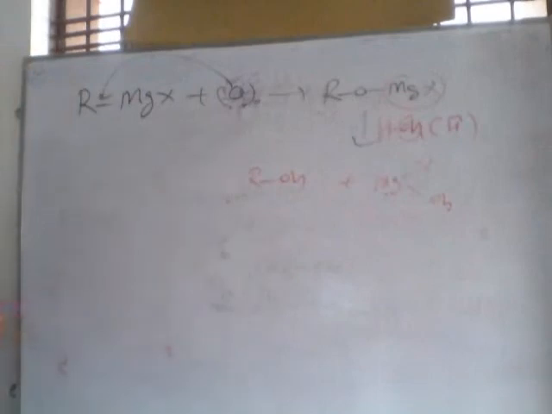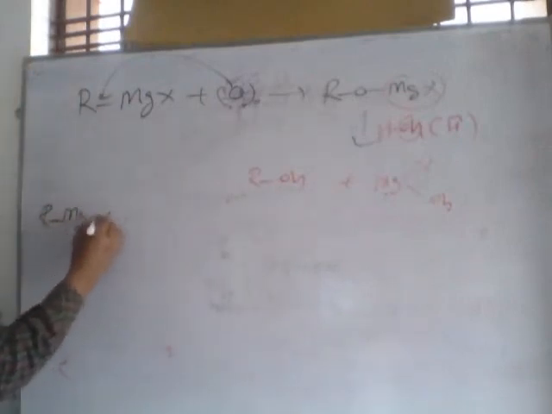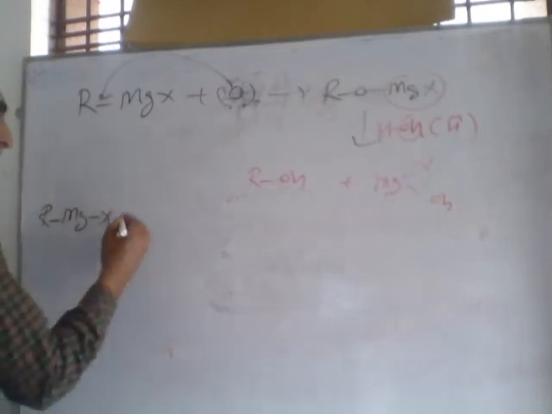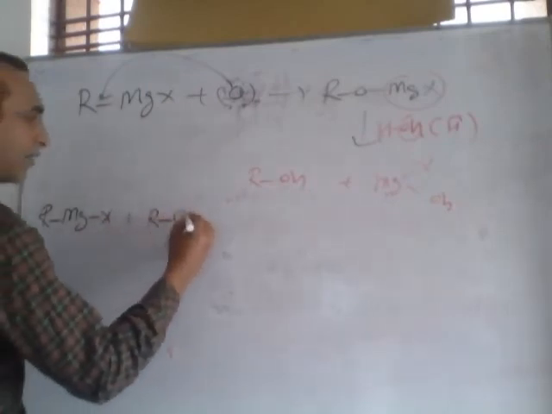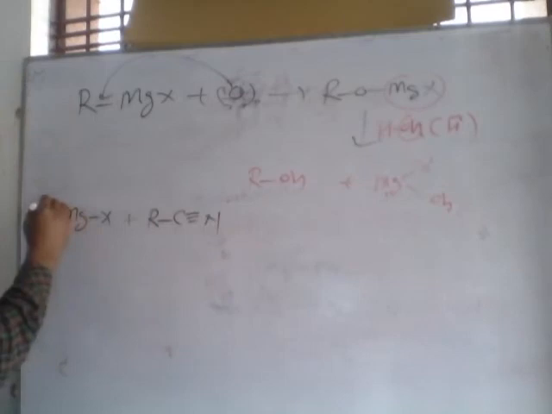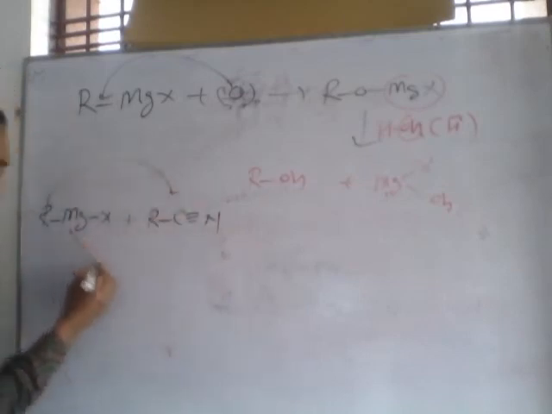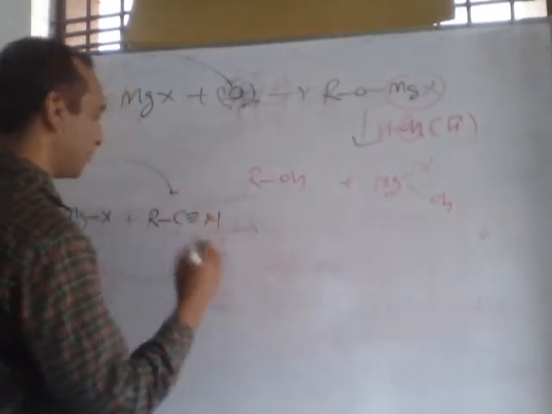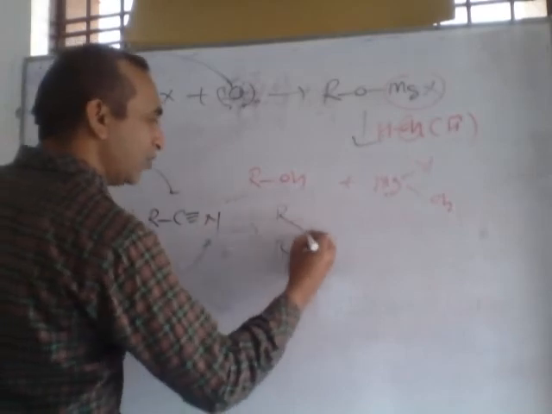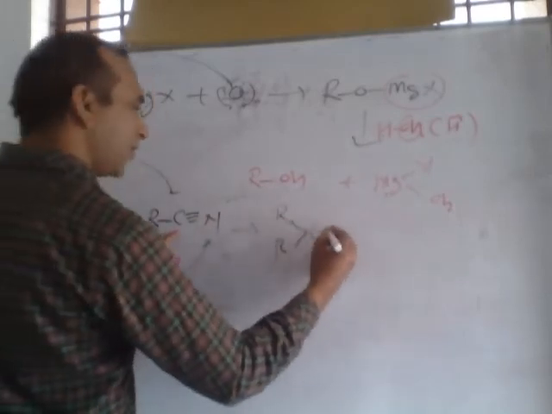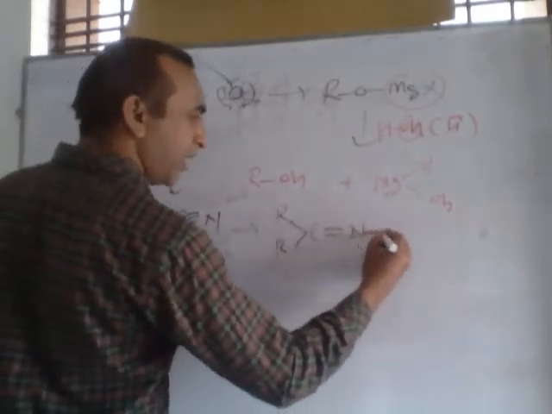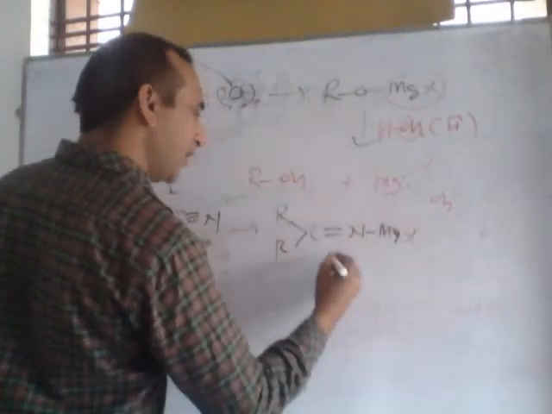Another, this RMgX can also react with cyanide, RC triple bond N. Join R here and MgX with the cyanide nitrogen. Here R is joined directly with this carbon. This bond becomes a double bond and N with MgX here.